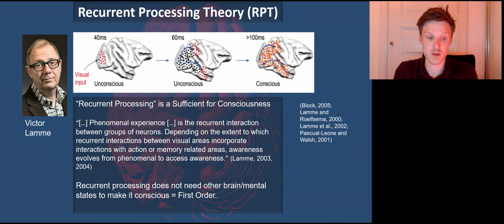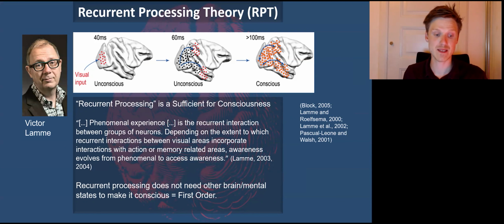And there is actually some evidence to support this recurrent processing model. And for Lamme, the recurrent processing neural correlate is sufficient for phenomenological consciousness. And this is where we could say that Lamme's view is a first-order theory, because it is claimed that recurrent processing is what creates phenomenological consciousness.